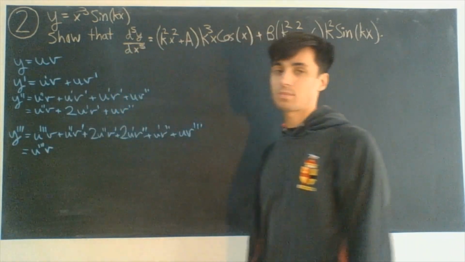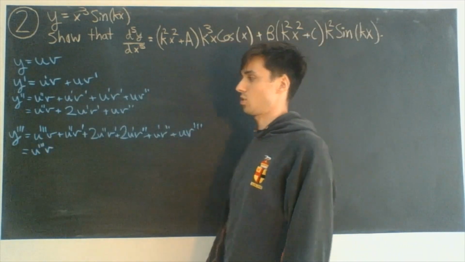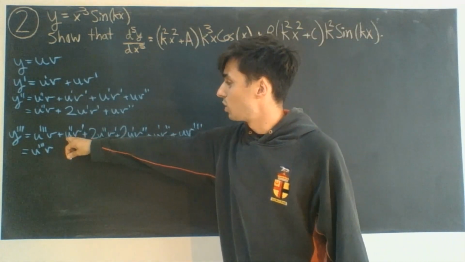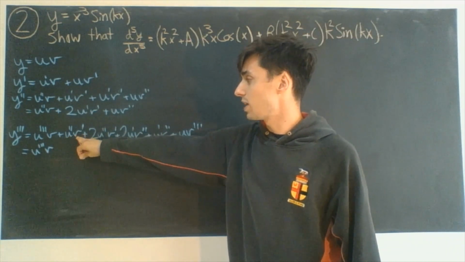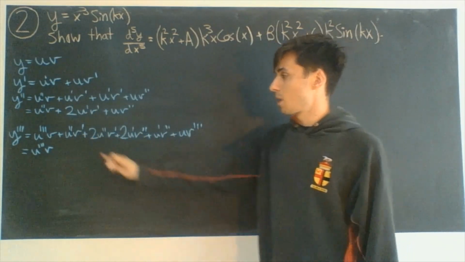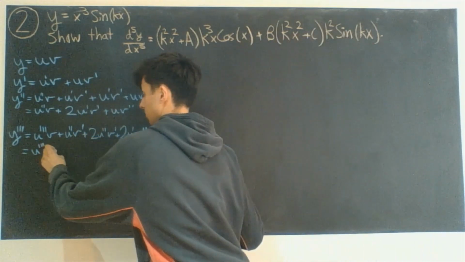That first term we can't do anything with. It's the third derivative of u and just v on its own. Well, this one though, we've got u second derivative, v first derivative, and that's the same thing we've got here. We've got one of them and then two of them, so we've got 3 in total.